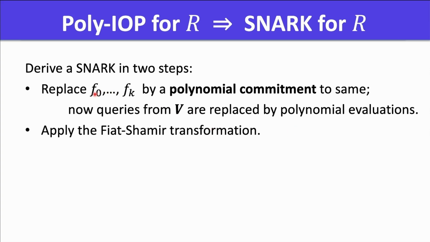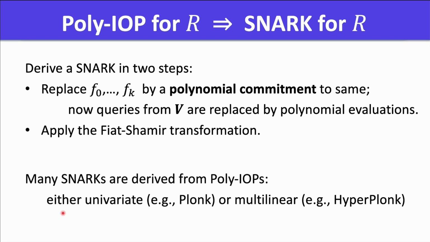So we replace the polynomials that the prover sent by commitments to those polynomials, and later on when the verifier wants to query the polynomials, the prover will provide polynomial evaluation proofs for those openings. So that turns the Poly-IOP into an interactive proof, and then we make the interactive proof non-interactive using the Fiat-Shamir transformation.